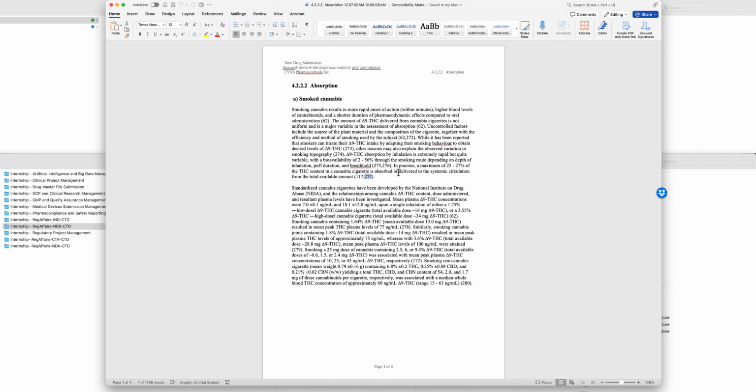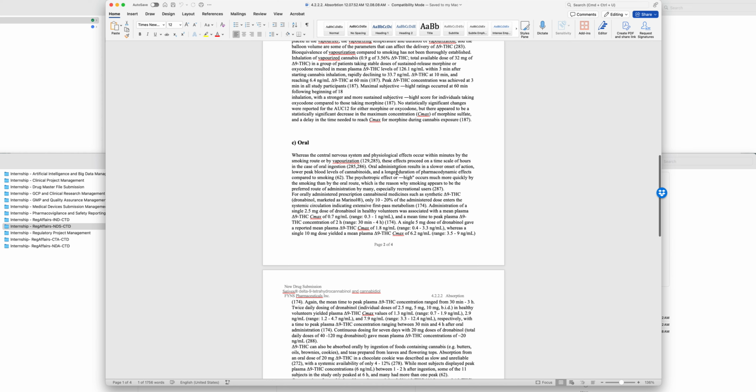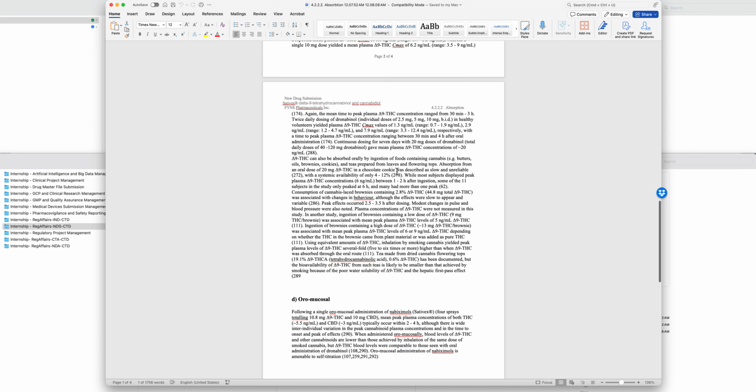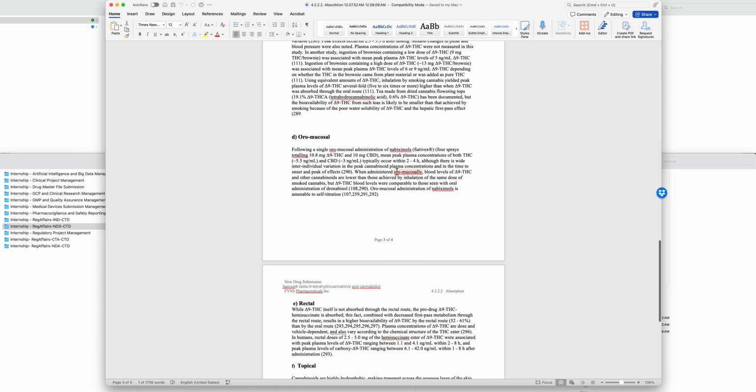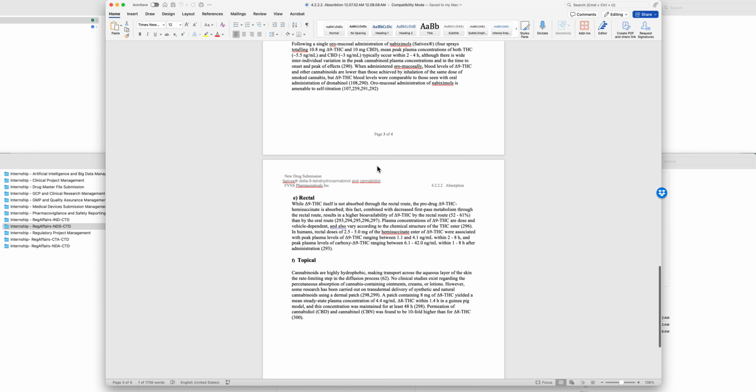So we will need to write this information and refer to all of the peer-reviewed articles that we will also add into module 4.3, which is for literature references. You also understand very well that writing this type of information needs some skills in medical writing, and of course here we are talking about regulatory writing.